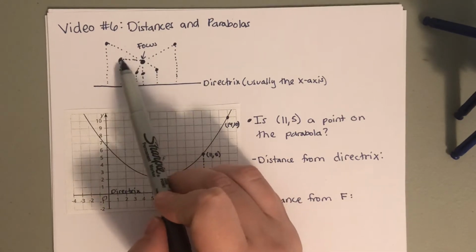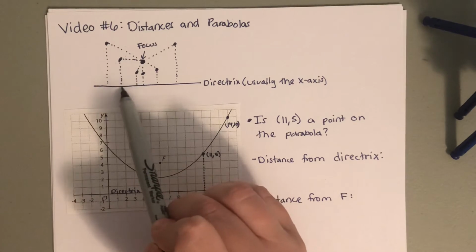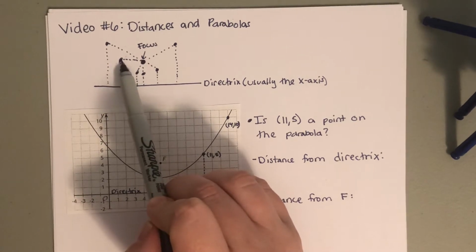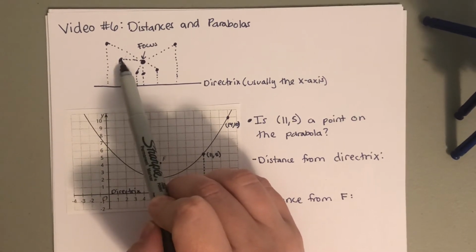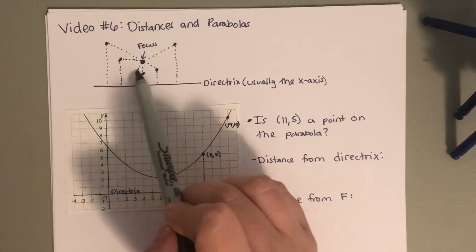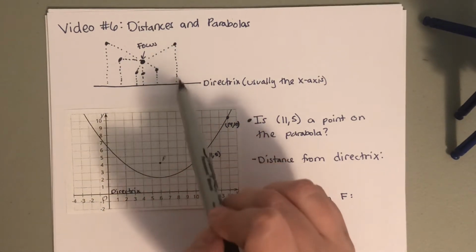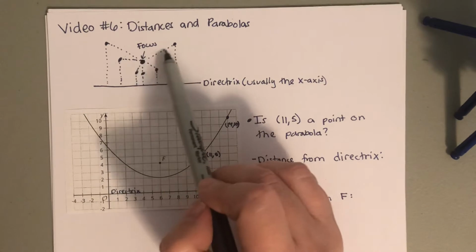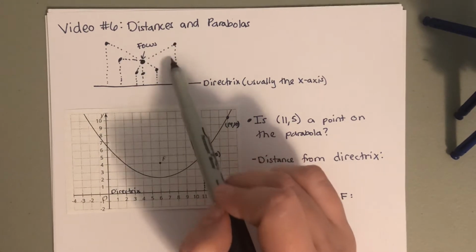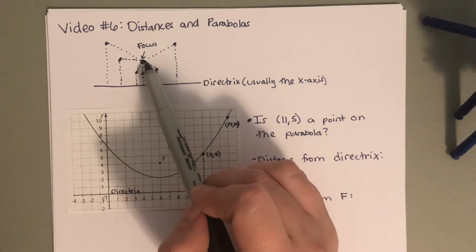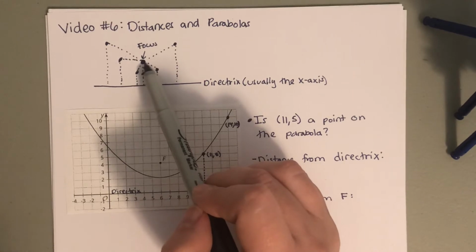This distance from this point to the focus is the same as the distance from this point to the directrix. That means this point is on the parabola. A parabola is really all the points that are the same distance from the focus and the directrix. And changing where this focus is will change the shape of the parabola.